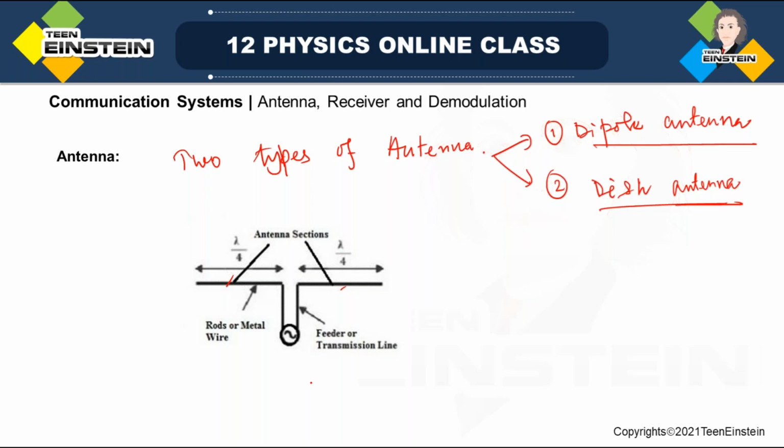And what is the length of these conductors? Generally the length of the conductors will be much smaller than the carrier wave.